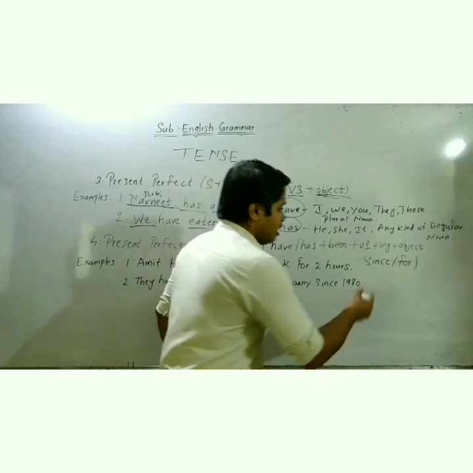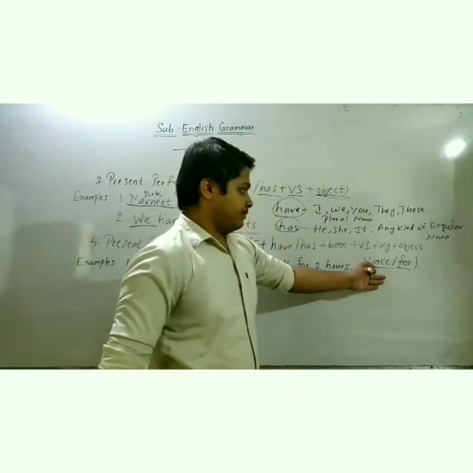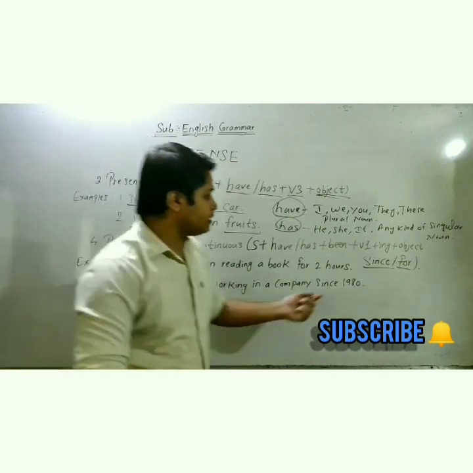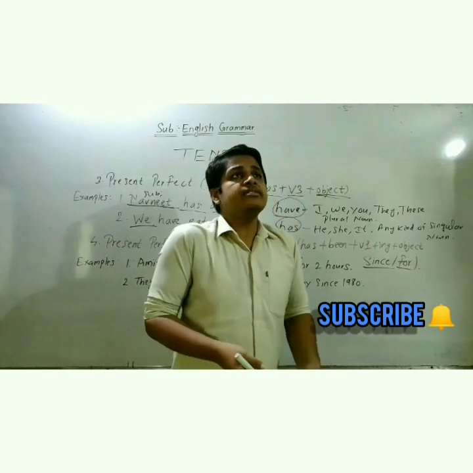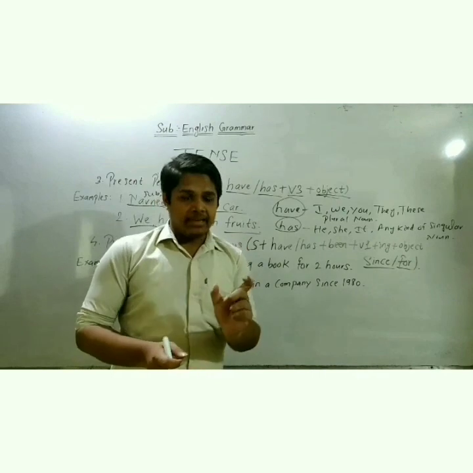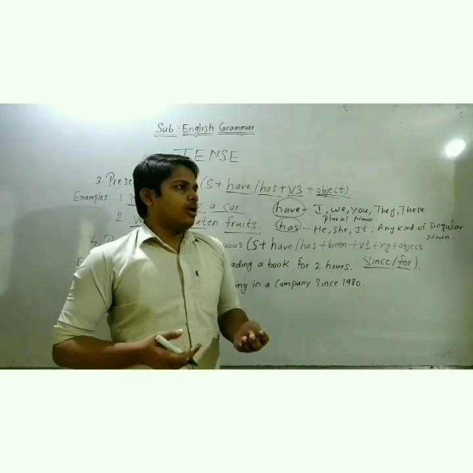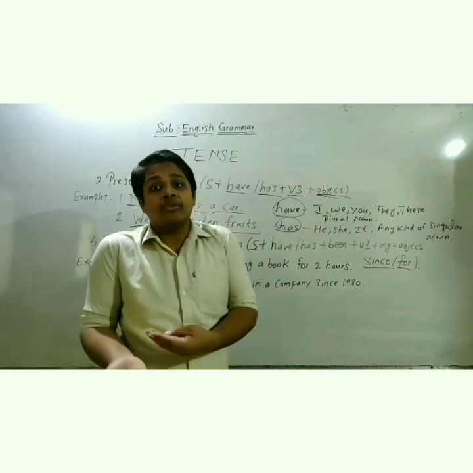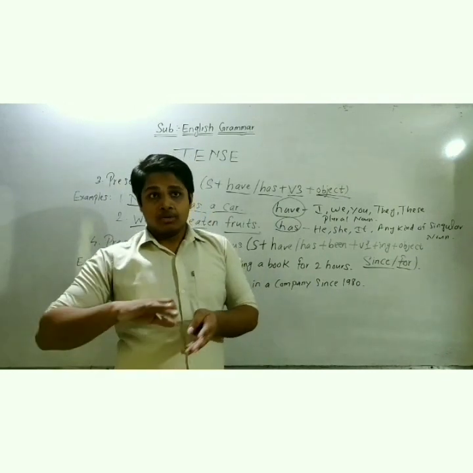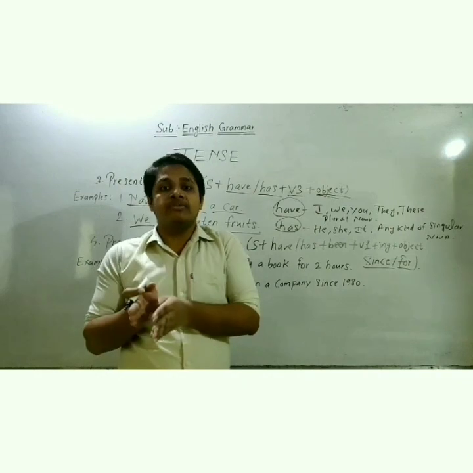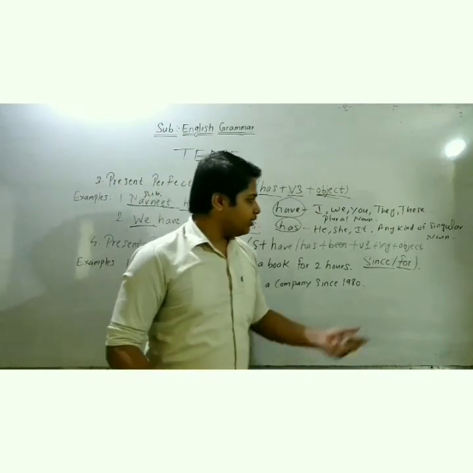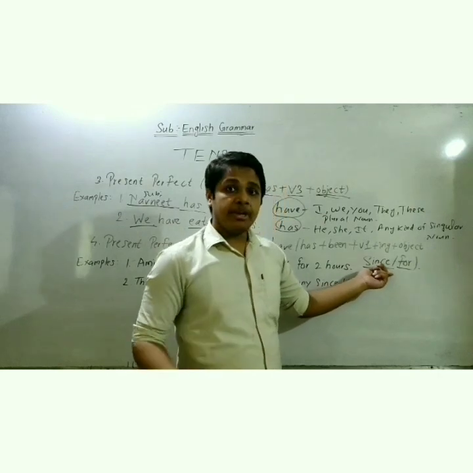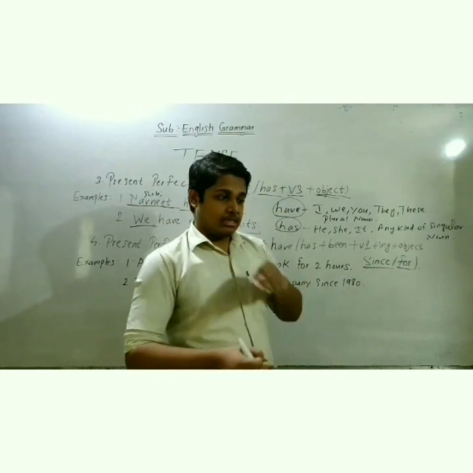These two words are added in this kind of tense. Since indicates a year or a particular day, like Monday, or a particular month, such as January, 1981. Not 2 months or 3 months, but January, February, March. If that kind of word is used in a sentence, we have to use since, because it indicates a proper time.